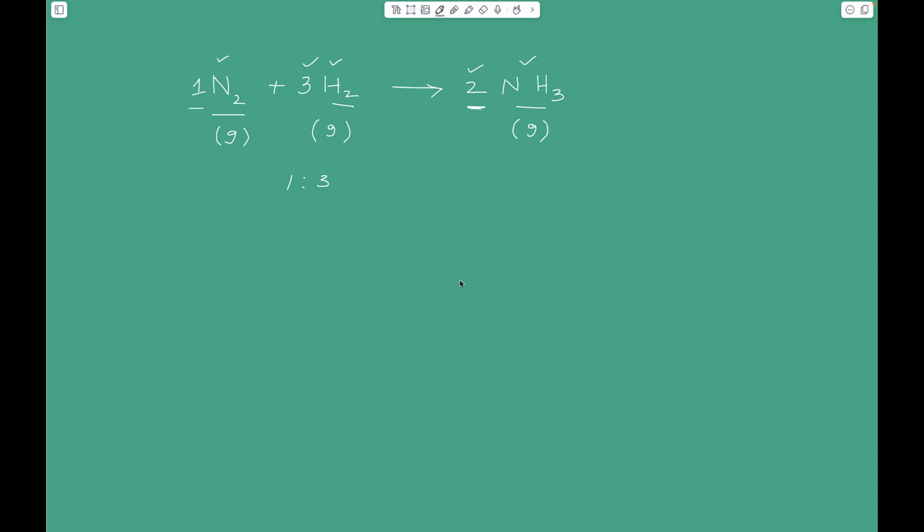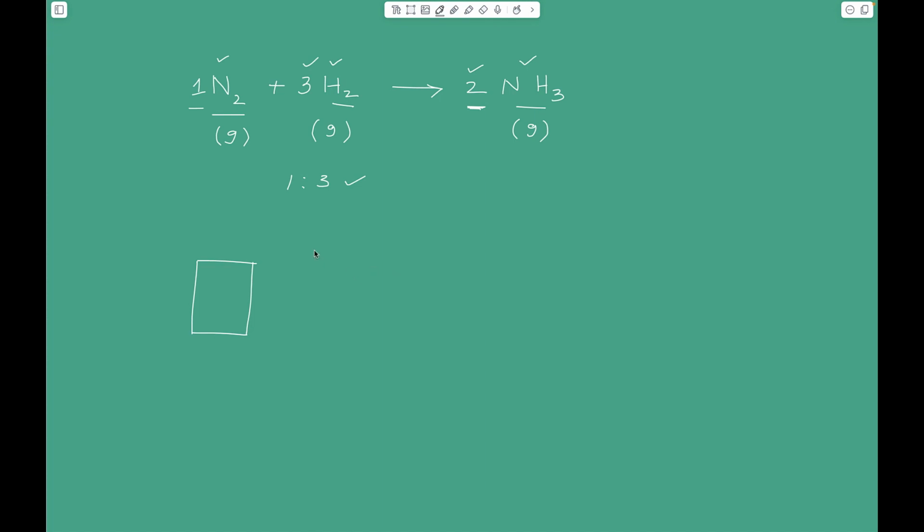Now let us say I have some pure nitrogen in a box and I want to convert all this nitrogen into ammonia. How can I do that? How much hydrogen do I need? Here is the formula. If you make sure that their molecules are in the ratio of 1 to 3, then we are good.